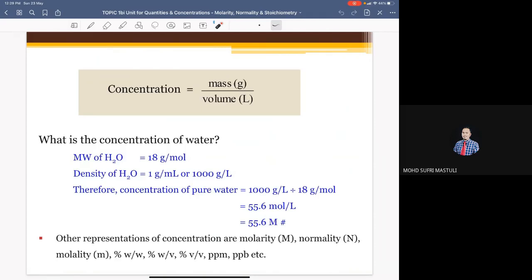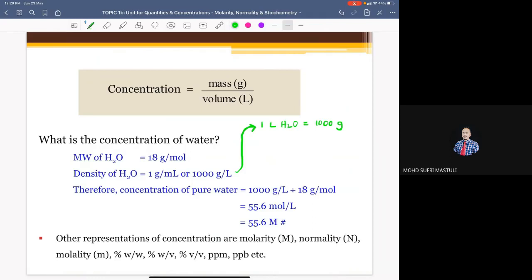From the density, we know 1 liter of water contains 1000 grams of water.